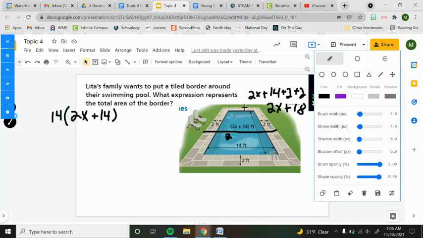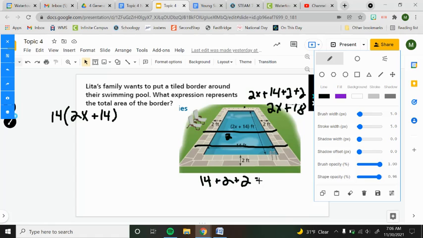So I'm going to multiply that by my width here, which originally the water was just 14, but with the 2 added on either side, like I had drawn before, would be 14 plus 2 plus 2. Okay, so the length would be 14 plus 2 plus 2.